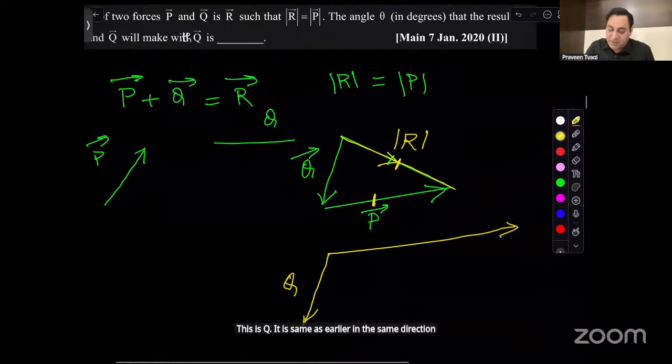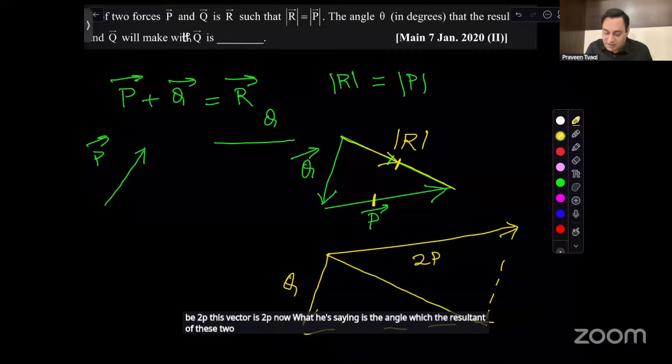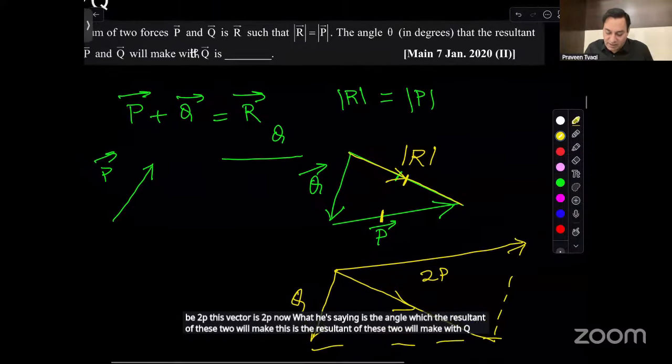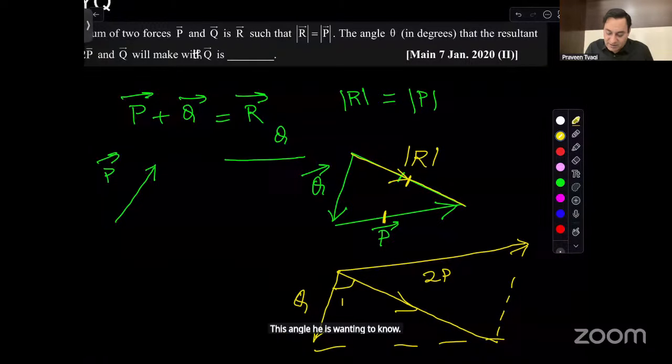And this is P, which will be 2P. This vector is 2P. Now, what he's saying is the angle which the resultant of these two will make with Q. This angle he is wanting to know. This is, say, phi. We have to find phi.